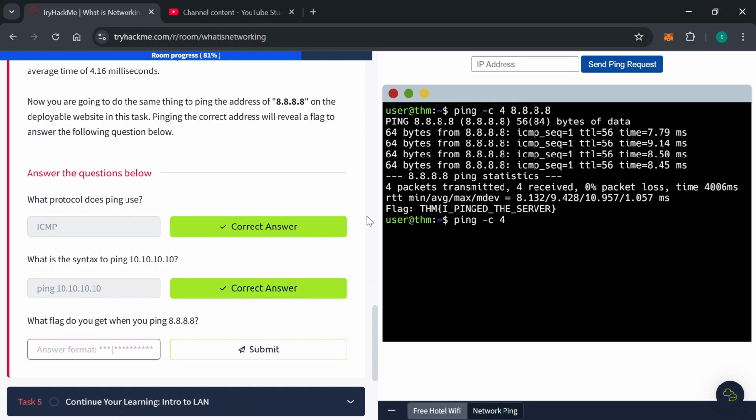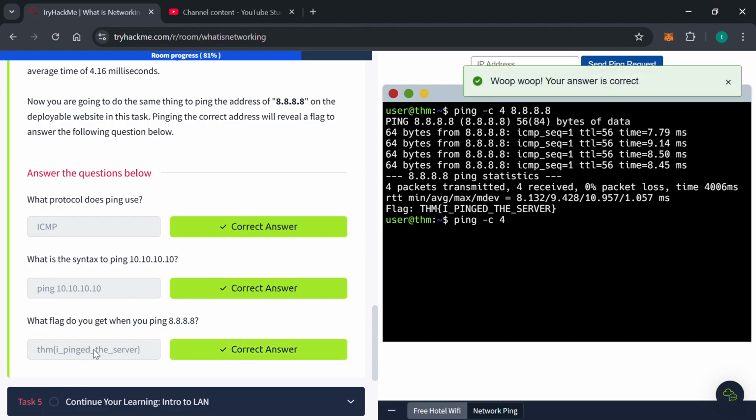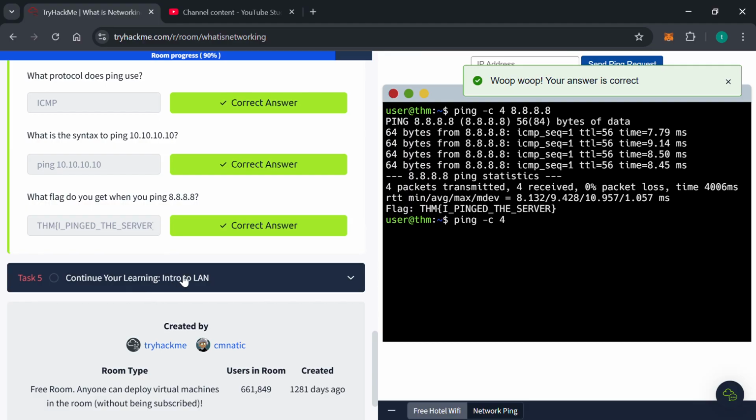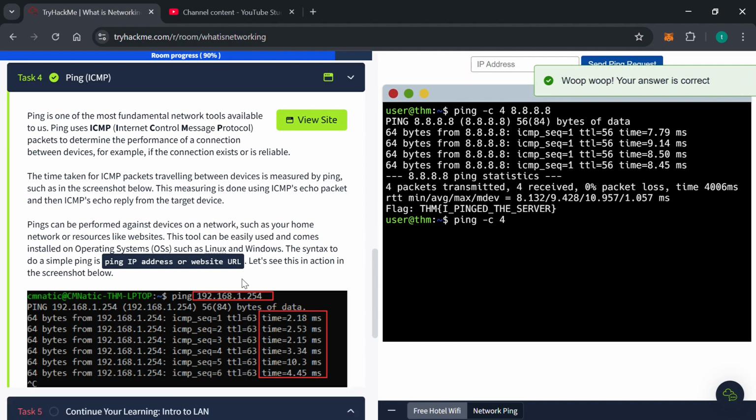You can see the flag here. I pinged the server. We're done. That's all. It's a very simple protocol to use.